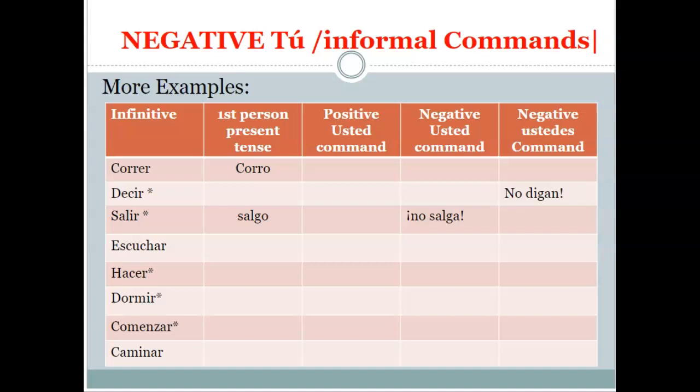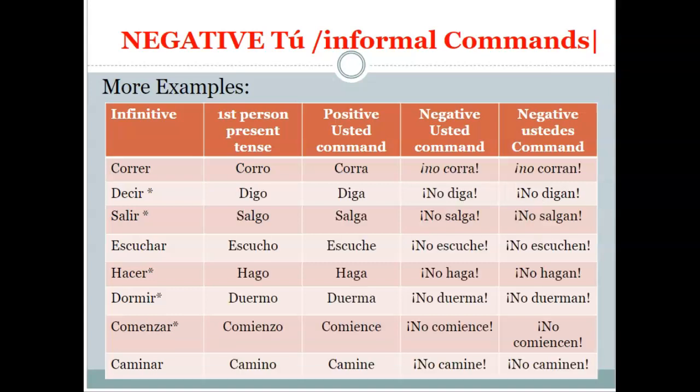Let's look at those. Remember the first person. Can you remember those from our chart above? Corro becomes corre, like the positive command is the same. Corra. So remember, the positive is going to be the same as the negative in usted. No corra.